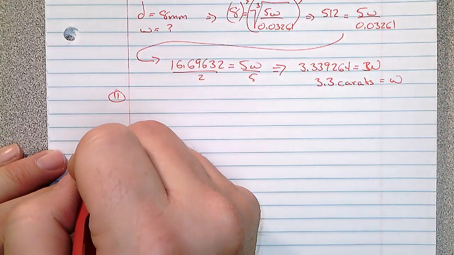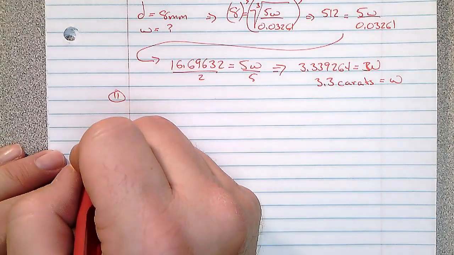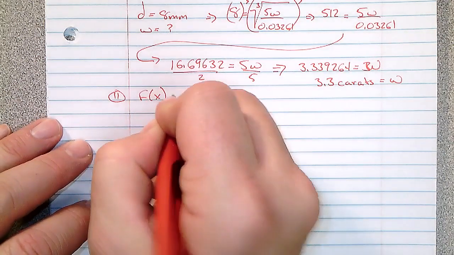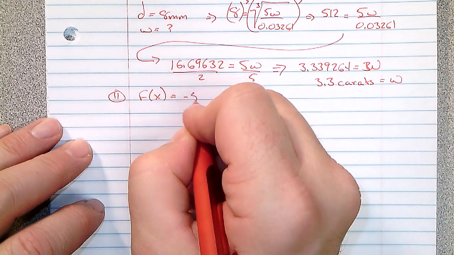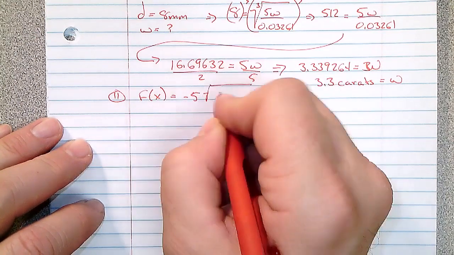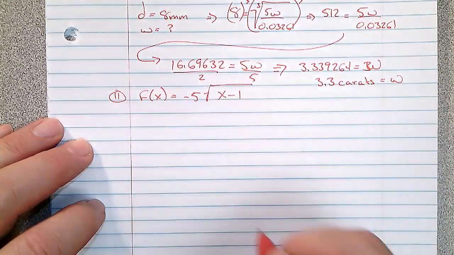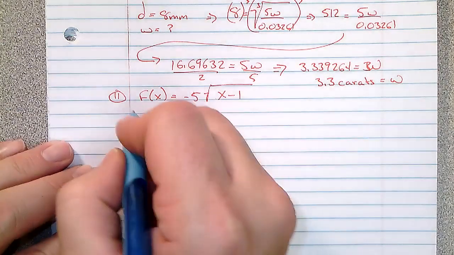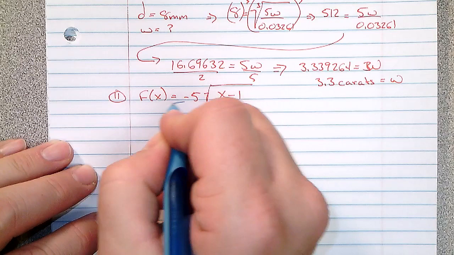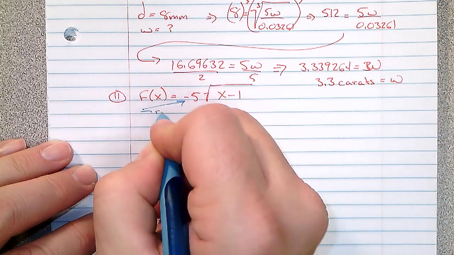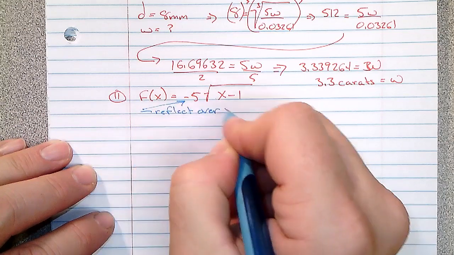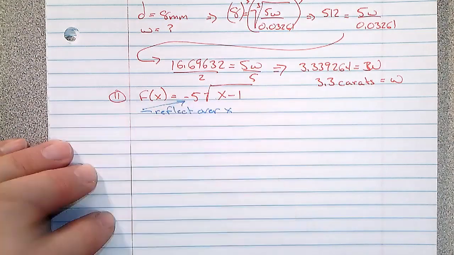Number 11 is just asking you to compare your transformations to what they say. So we have f of x is equal to negative 5 square root of x minus 1. First things first, the negative, again, reflect over x, because it's out front.